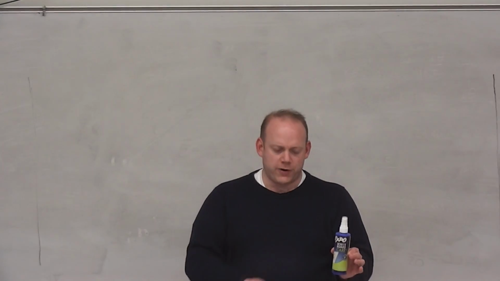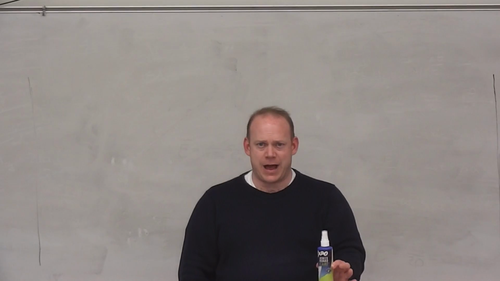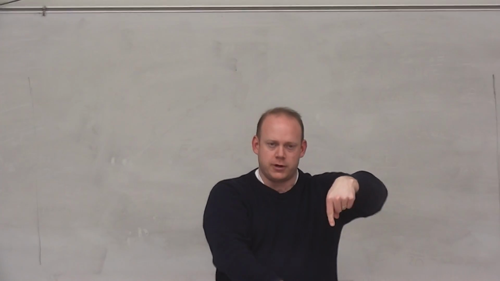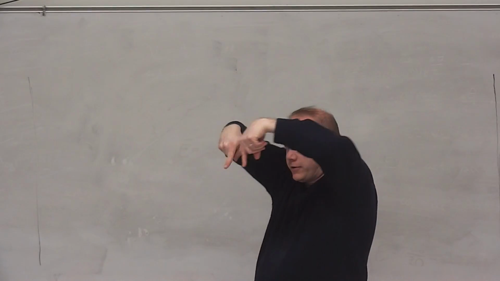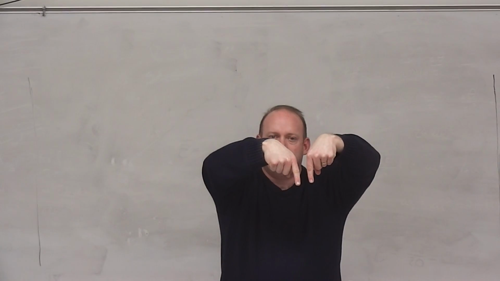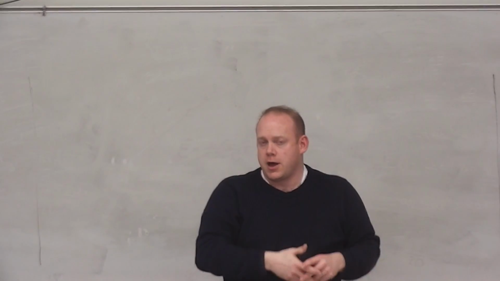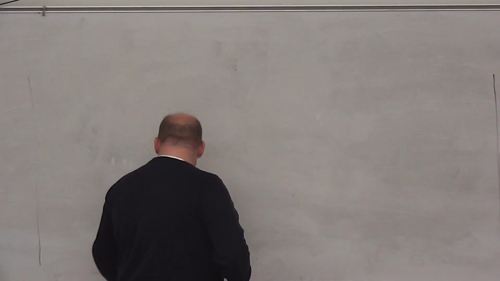Now let's think about the work that's done by gravity on this. As this is lowered down, the force of gravity is down, the direction of motion is down, so our angle between the two is zero. So what we get is that the work done by gravity is positive, but the potential energy change is negative.